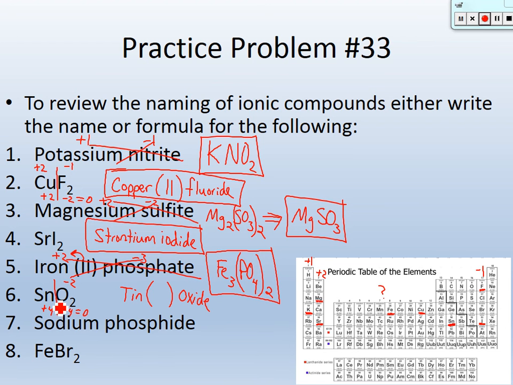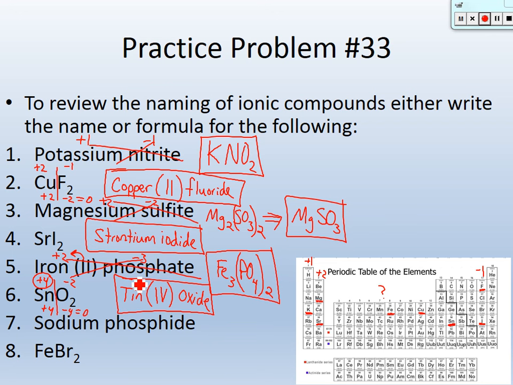I've only got one tin atom here, so what does its charge have to be? It has to be plus 4 because plus 4 times 1 is plus 4. So when I name it, I'm naming it after the charge of one of the tin ions. So how do I write 4 in Roman numerals? IV. Okay. So that would be tin 4 oxide.